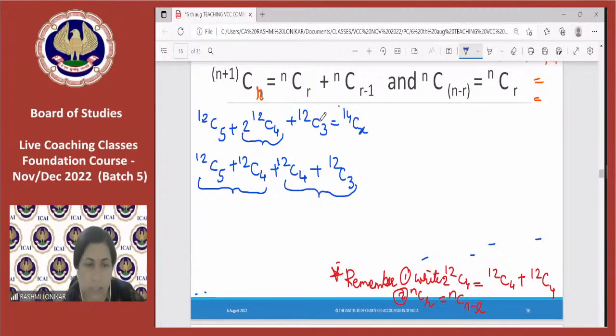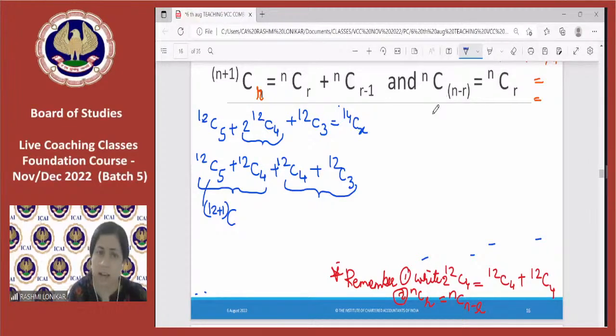When I club these, I'm going to use the formula NCR plus NCR minus 1 is equal to N plus 1CR. So this will become 12 plus 1C. What is the value of R in these two? R is 5 because one is R, another is R minus 1.